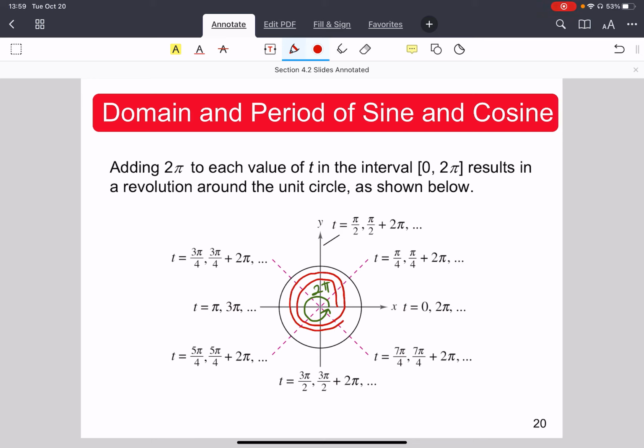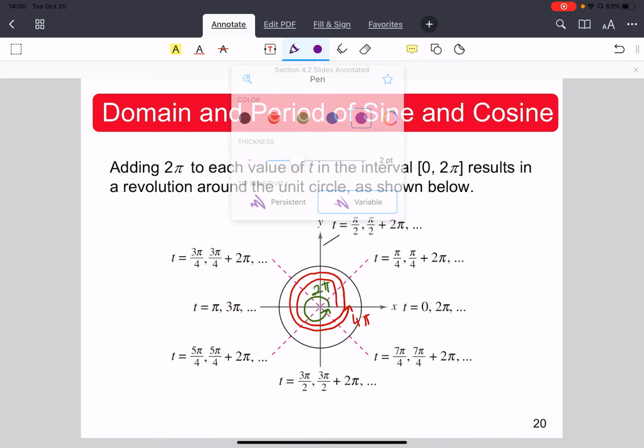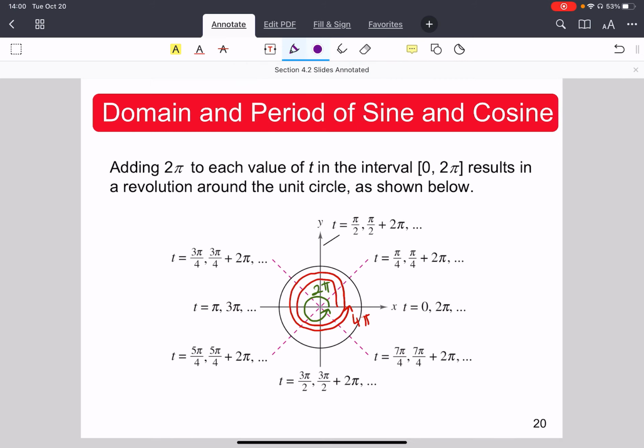I might have 2 rotations, and that will be in total 4 pi. And you can continue doing the same thing, so you can have another one. What if you do 3 rounds? Then it'll be 2 pi, 2 pi, so you get 4 pi, and then you do another one, then this one would be 6 pi.